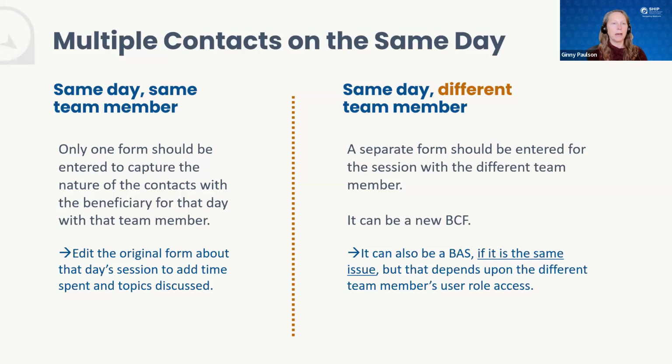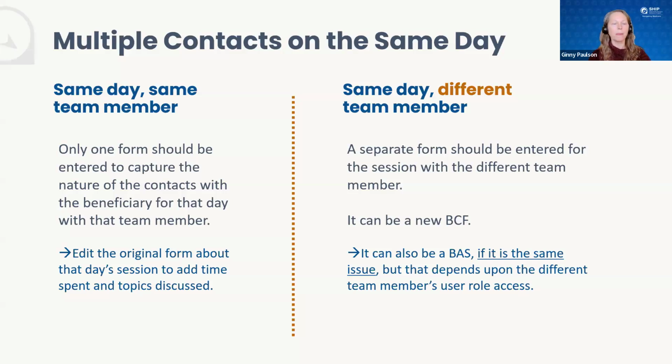And you would just edit the time spent field to incorporate all of the time in that day that you, the counselor, spent helping that client. And you would add new topics discussed. Just use one form, even though it was in 2 phone calls or 2 in-person contacts, however that went.